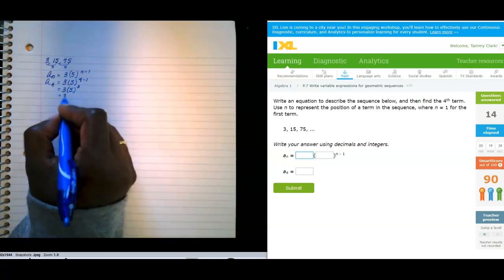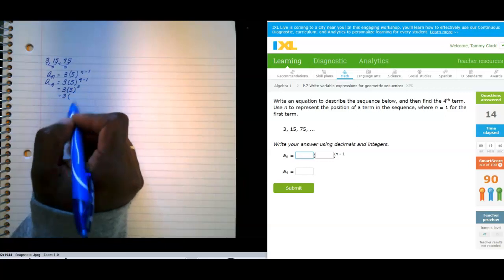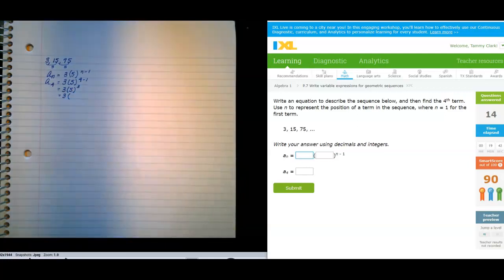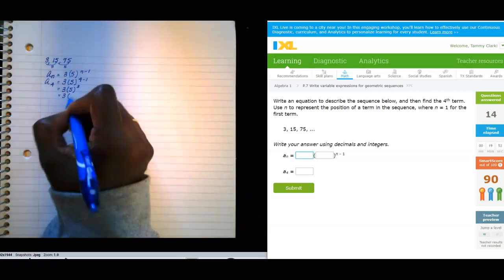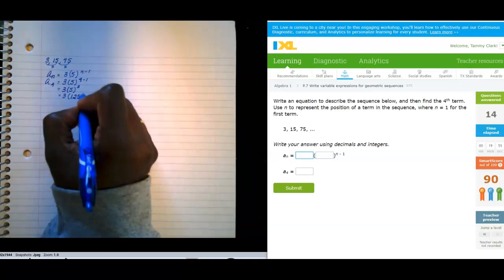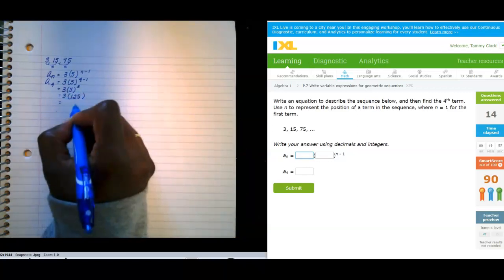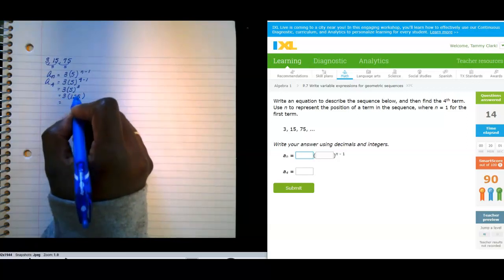So remember, with order of operations, we're always going to do the exponent first. So we would have 5 to the third power, 5 to the first power is 5, 5 to the second power, meaning 5 times 5 is 25, 5 to the third power, meaning 5 times 5 times 5, well, that would be 125. And then we're going to take that and multiply it by 3. Well, 3 times 5 is 15. Carry the 1. 3 times 2 is 6 plus 1 is 7.